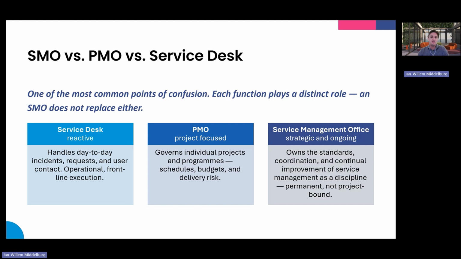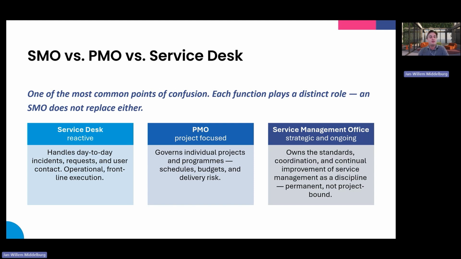And then last but not least, let's consider the SMO versus the Project Management Office. Just one letter difference, but a completely different meaning. A PMO is project focused, meaning that it helps organizations establish and realize projects from beginning to end. But as you probably know about projects, a project always has a start date and an end date. So it's by definition a temporary organization.